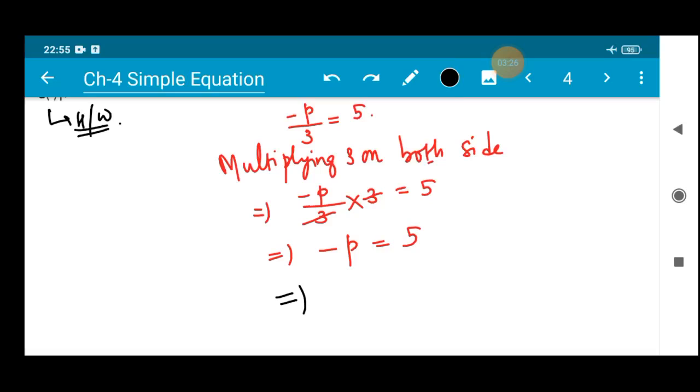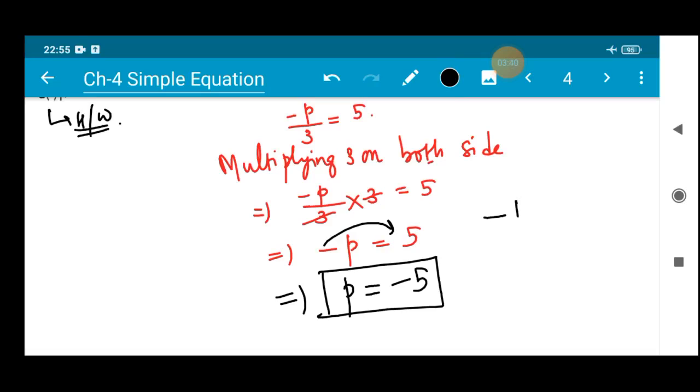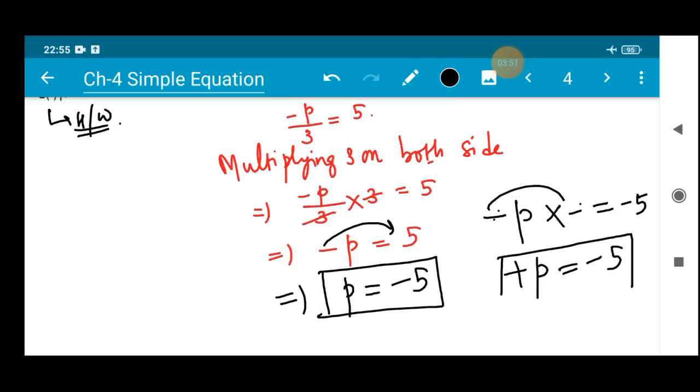Or simply what you can do is you can shift this minus to the right hand side, so it will become p is equal to minus 5. Or you can multiply by minus on both sides. If you do so, it will become minus p into minus is equal to minus 5. So this minus into minus is plus. We have already learned this in the integer chapter. So this is the funda.